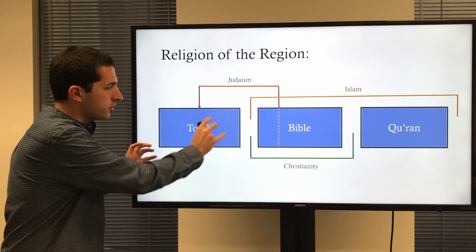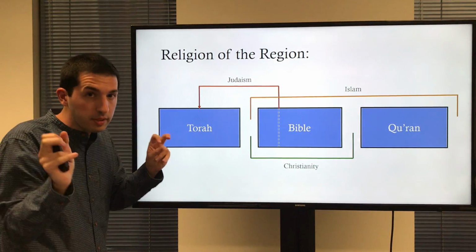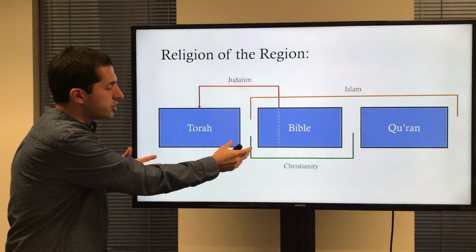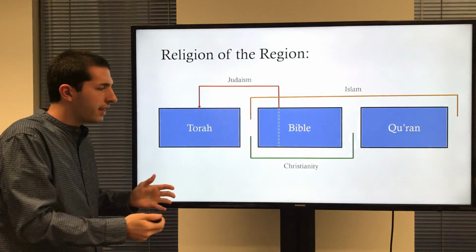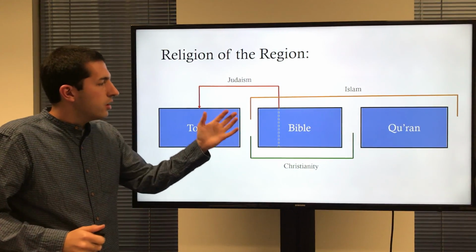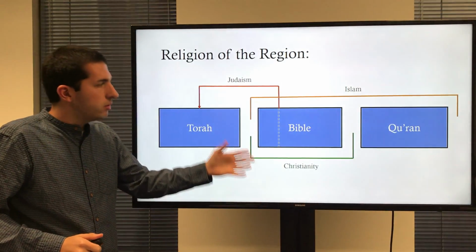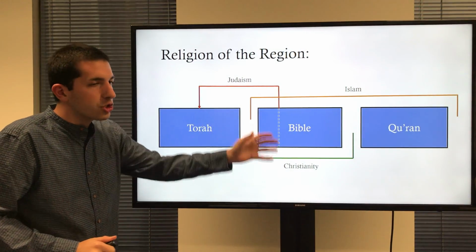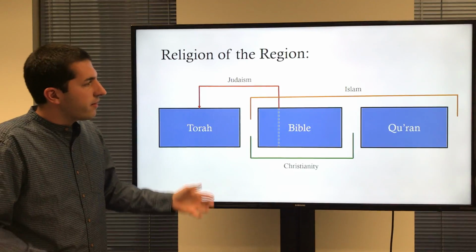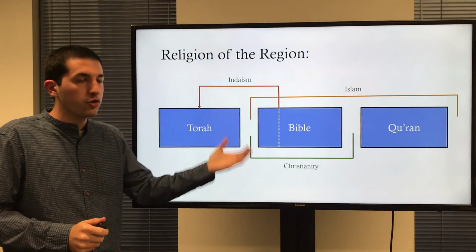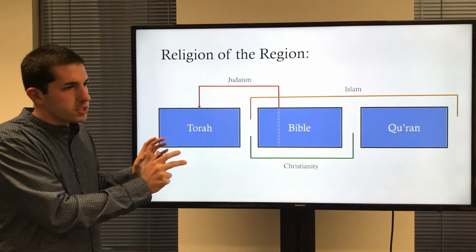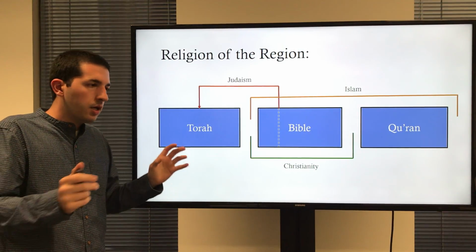The first 5 books of the Old Testament, if you will, are the Torah, and that is the book of faith there. Christianity uses the Bible, and Islam uses the Quran first and foremost, but it does pull from the Christian Bible as well.